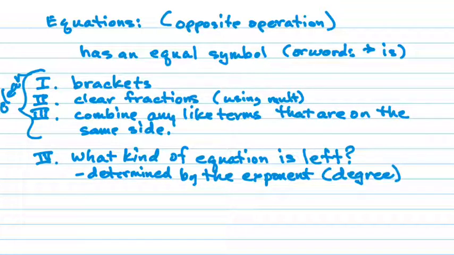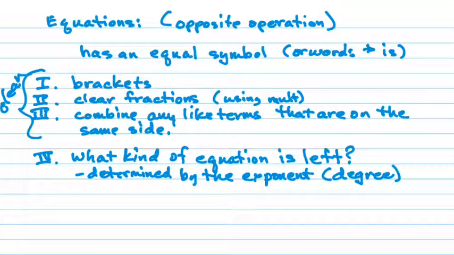Right? If it has the highest exponent of 2, that's a square, or quadratic. So those are when you get quadratic equations. Right? So we have to do something to unsquare it. If you have an exponent of 3 or 4 or 5 or 6 or 7 or whatever, those are called exponential, because they have higher exponents.